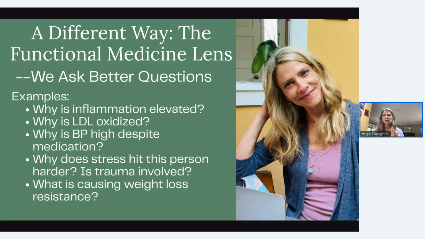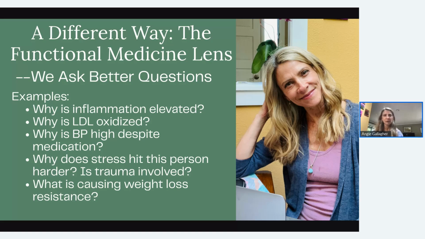Our physiology is complex and deeply intertwined with our emotions. We really need to remember that the body is designed to work well. And when things are not working well, we need to dive deeper. We need to look at things through a functional lens. So why is there inflammation? Why is the LDL becoming oxidized and more dangerous?